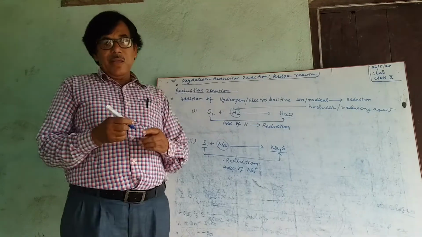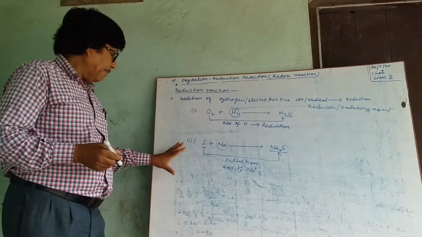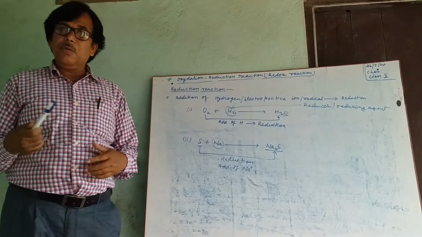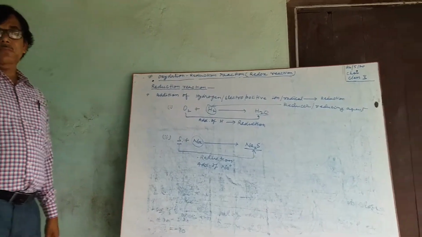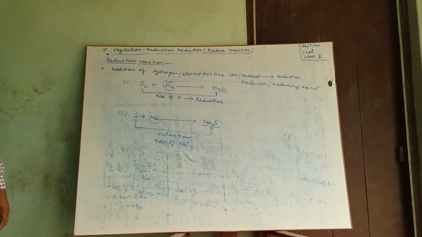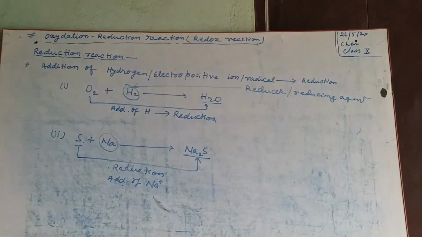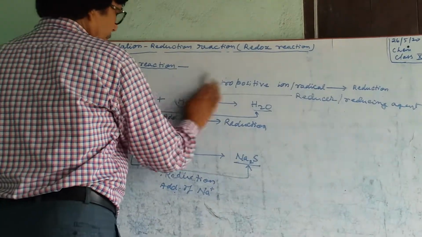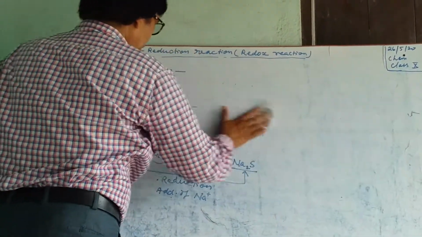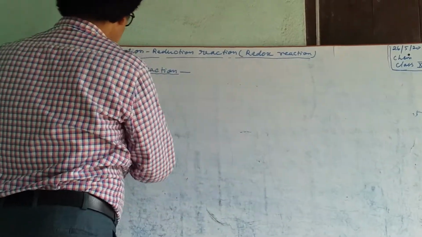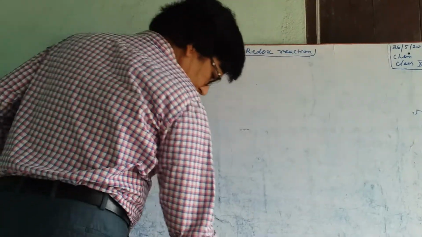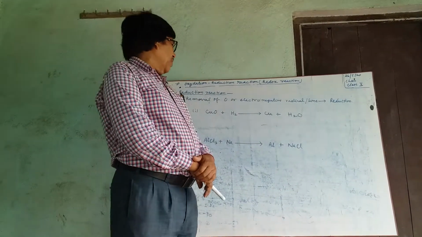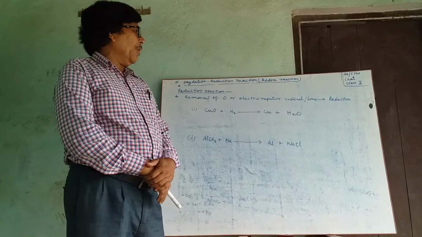We will see the next example, removal of oxygen and removal of electronegative. Reduction is the removal of oxygen or electronegative.